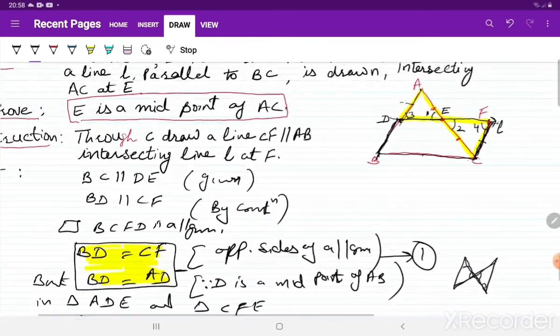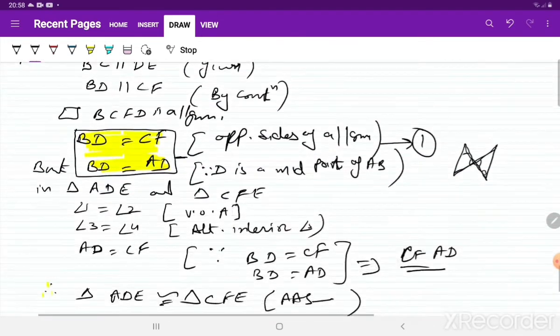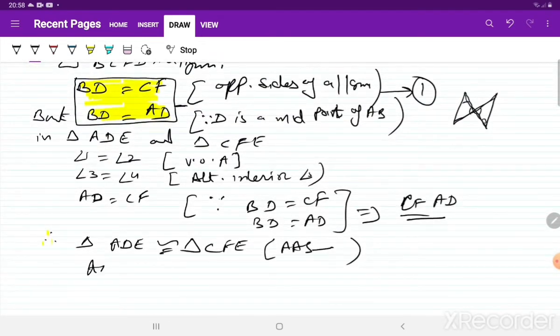So now if my 2 triangles are congruent, then the remaining parts will be equal. What remaining part do we need? The remaining part, that is AE, will be equal to EC. AE is equal to EC by CPCT. What is CPCT? Corresponding parts of congruent triangles.